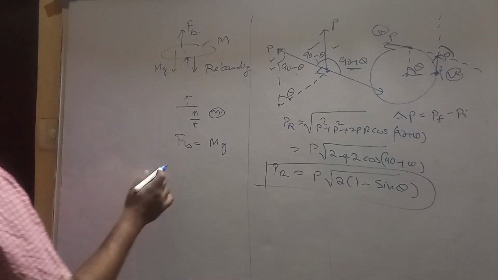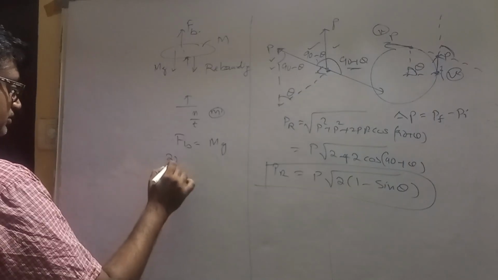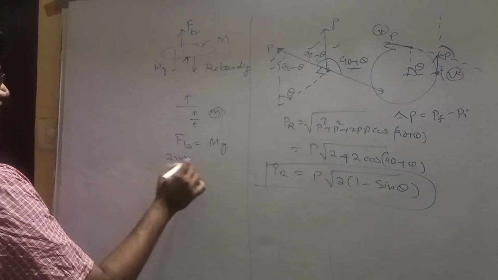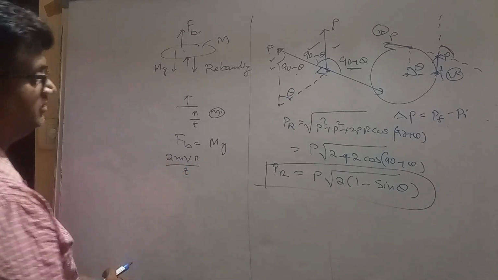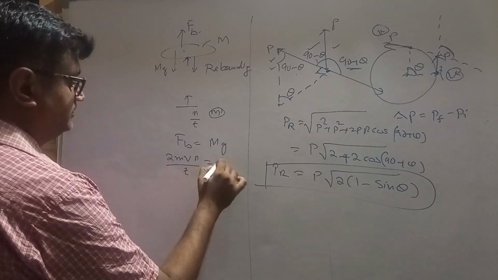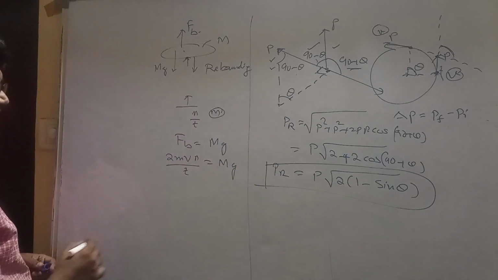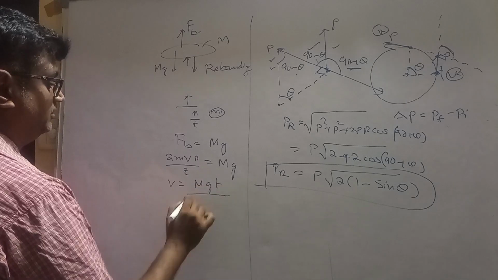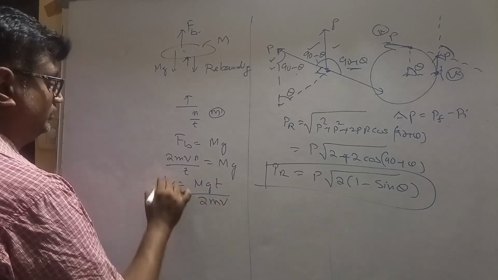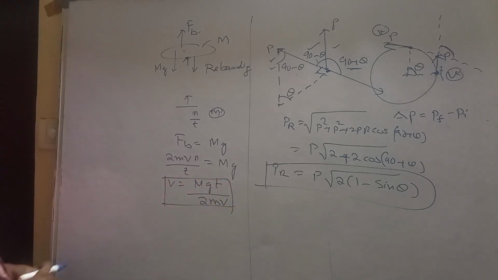So we can write it as 2mv into n, the number of bullets fired per unit time. So this will be the force on the plate, that is equal to Mg. So from here we can find out with what speed the bullet should be fired to keep the plate in equilibrium.